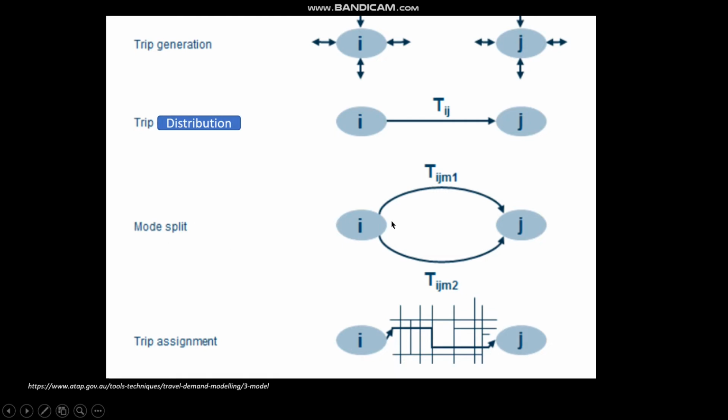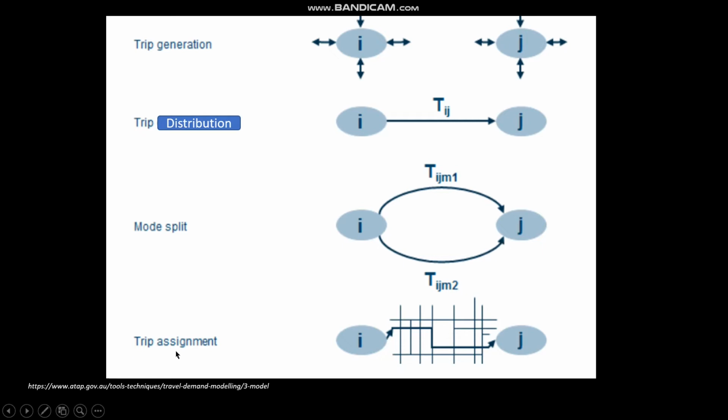What does that mean? What mode will commuters take? Will they take a car, or are they going on foot or by bicycle? So there are different modes to take.